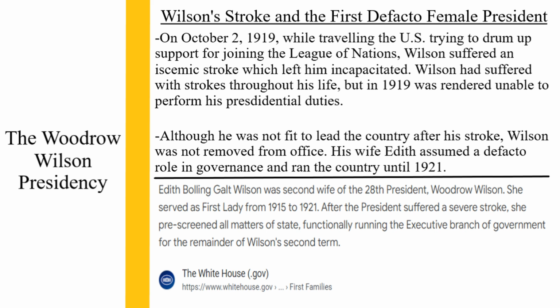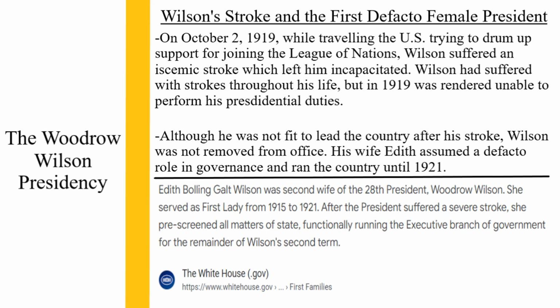She served as First Lady from 1915 to 1921, and after the president suffered a severe stroke, she pre-screened all matters of state, functionally running the executive branch of government for the remainder of Wilson's second term. Now, I'm not saying this was a good thing that she was effectively president, I'm just saying that it happened.